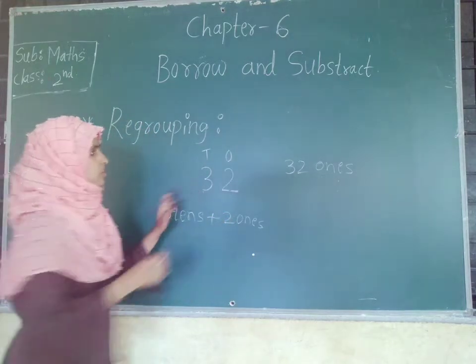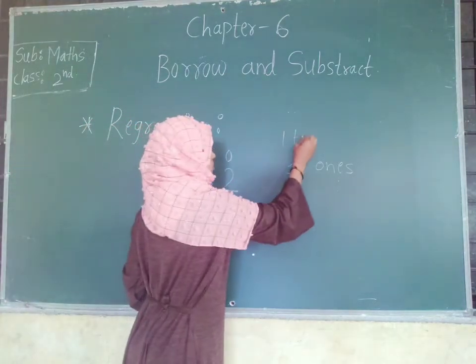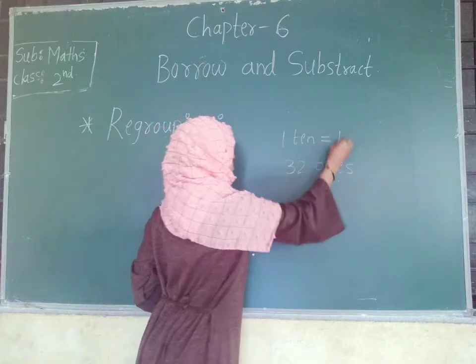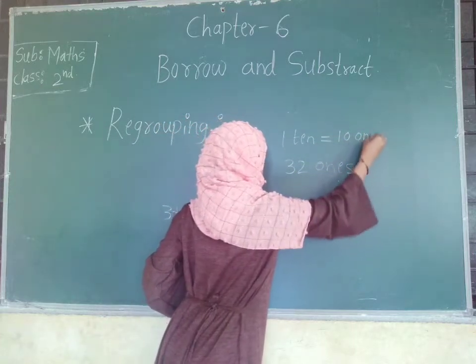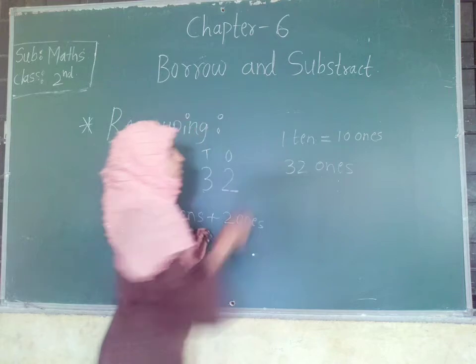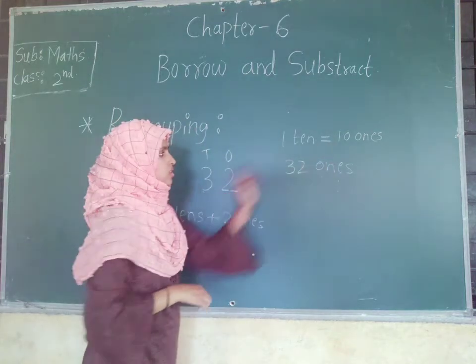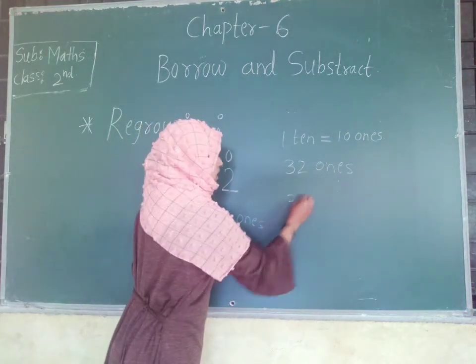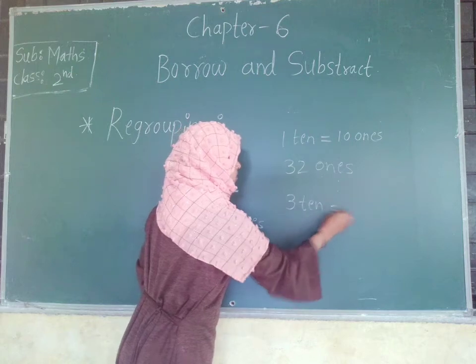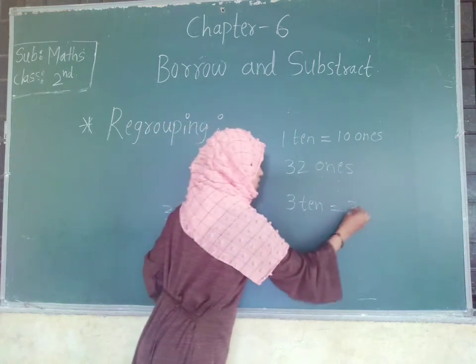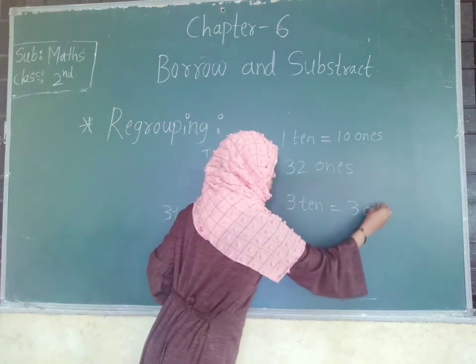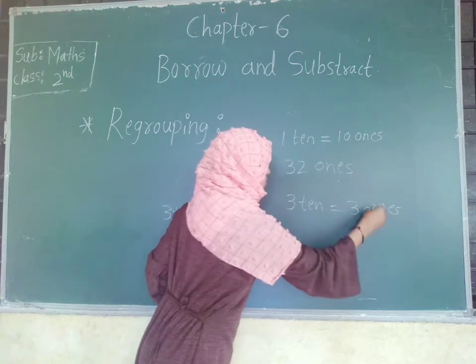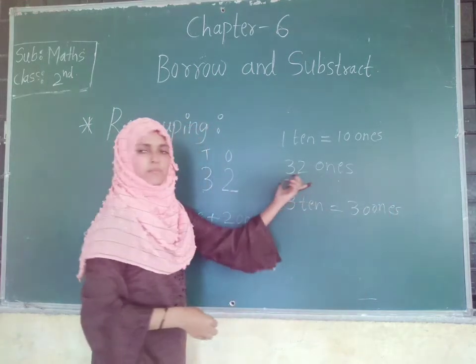See here students, 1 ten is equals to how much? 1 ten is equals to 10 ones. So in 1 ten we have 10 ones. So it means in 3 tens how much we have? 3 tens is equals to 30 ones. 30 ones? Yes or no? So 30 plus 2 become 32 ones.